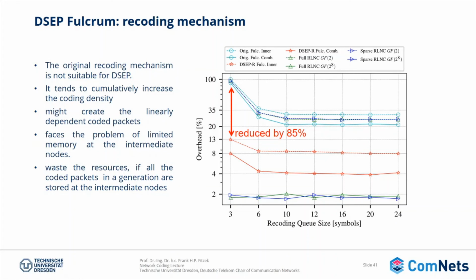But if the queue size is greater than 10 in original recoding, the overhead does not change anymore. This means that if we store and combine more than 10 coded packets at the recoder, for example 20 or 24, it will be useless. Therefore, if we have a good recoding mechanism, we can avoid this issue.